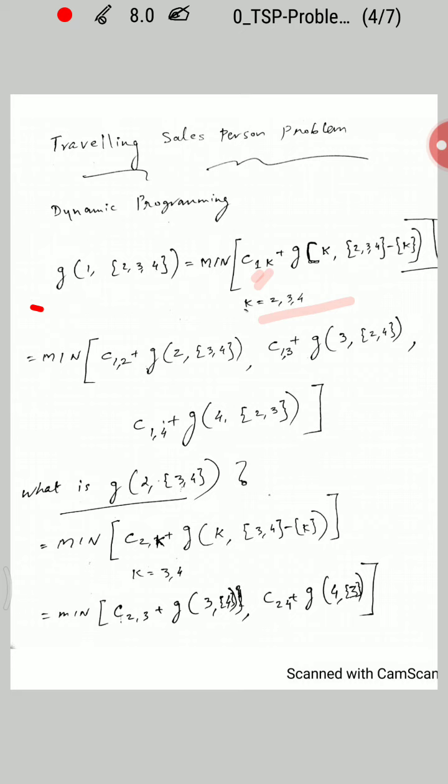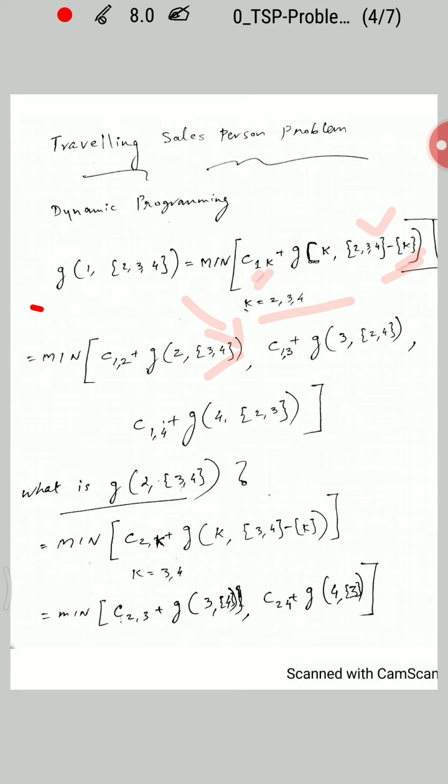So it is equal to the minimum of c12 plus g(2, {3,4}). How are you getting this g(2, {3,4})? Because you are excluding the value k you have selected from the set you are considering. From {2,3,4}, now k is 2, so you are excluding 2, you are getting {3,4}.